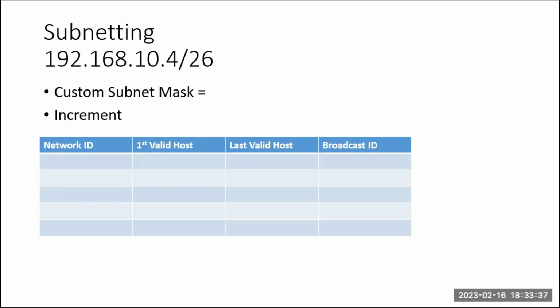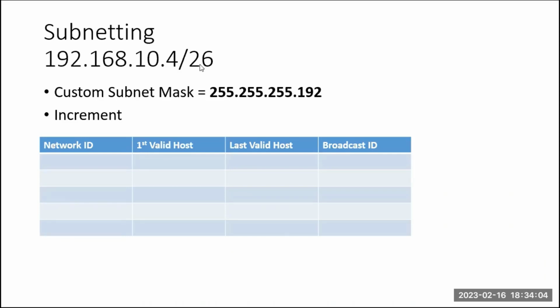So the custom subnet mask is 255.255.255.192. Everybody's clear how we got that? No, sir. All right, remember it's the same thing we did a while ago.